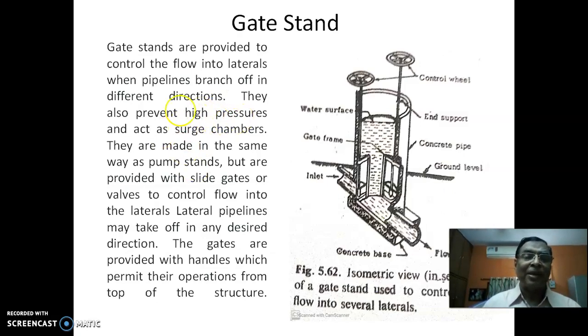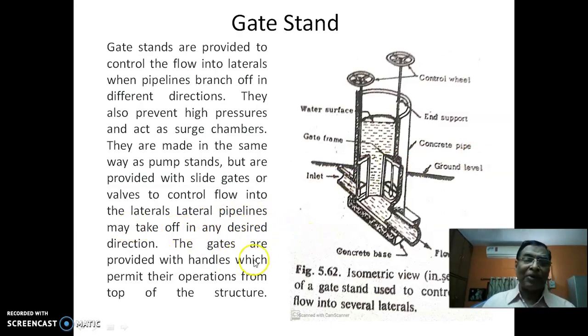They are made in the same way as pump stands basically, but are provided with slide gates or valves to control flow into the lateral pipeline. These are the valves, and they will turn, and the water will flow sideways into the laterals. So they may take off in any desired direction.